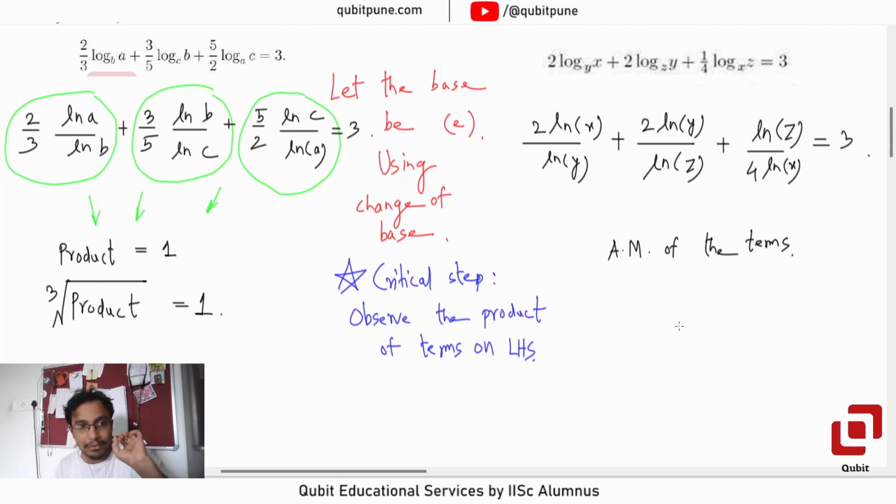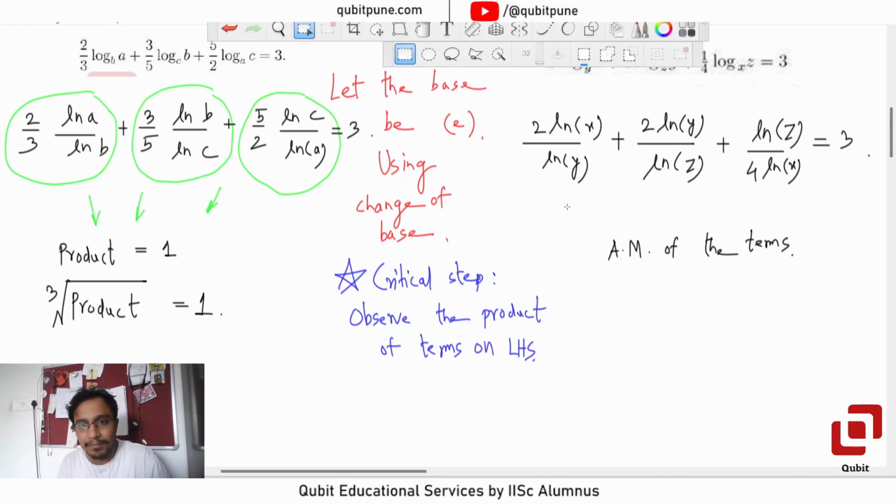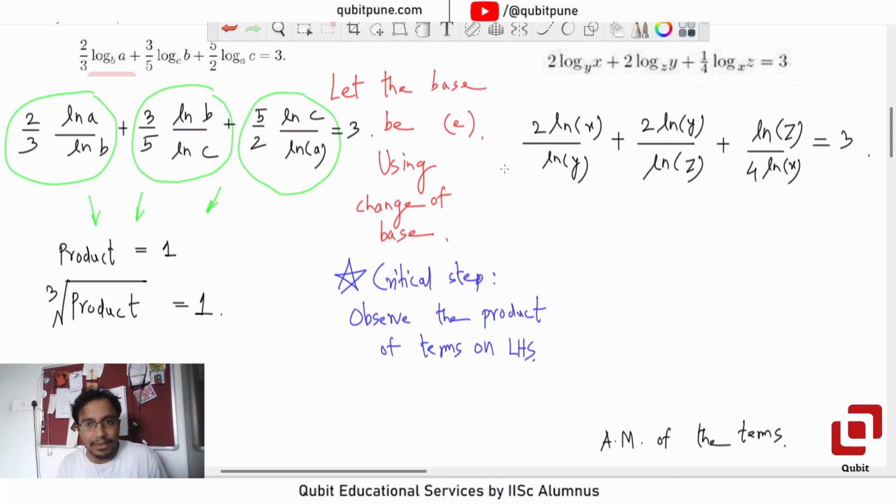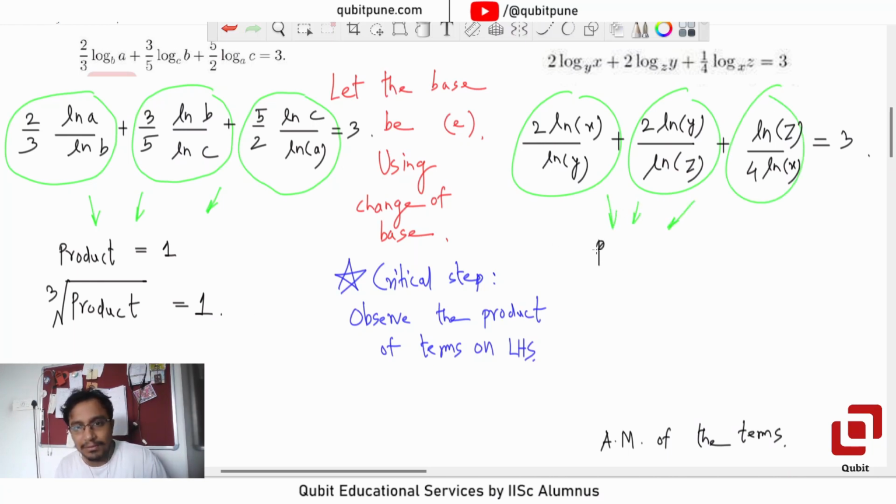Even here the product is equal to 1. Even if you take the product of these three terms, the product is 1. And why did I take the cube root? Because I want to emphasize that the geometric mean is equal to 1.